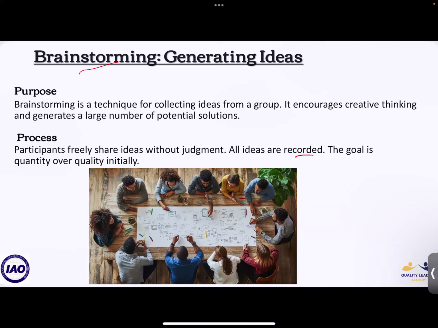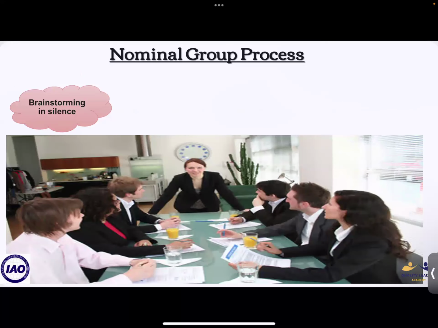The overall value is not about saying this idea is good or not good. That is something for later. In brainstorming, I encourage every team member to participate with me and gather as many ideas as possible, and the ideas are recorded.